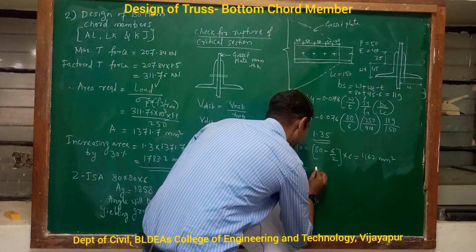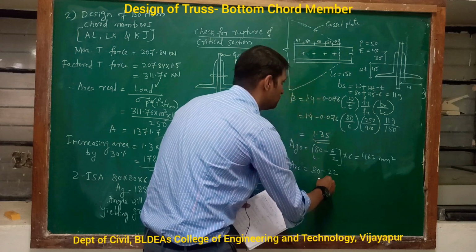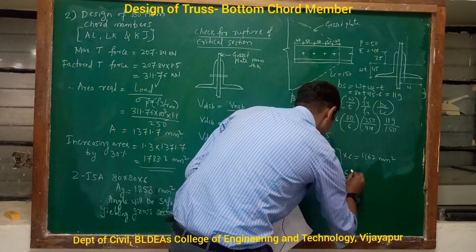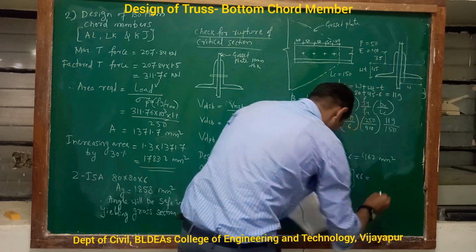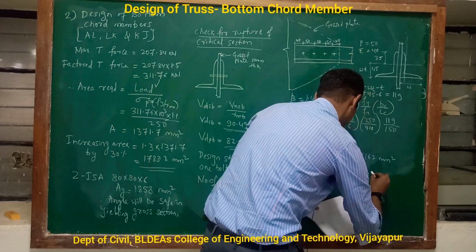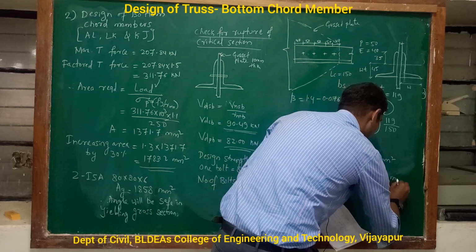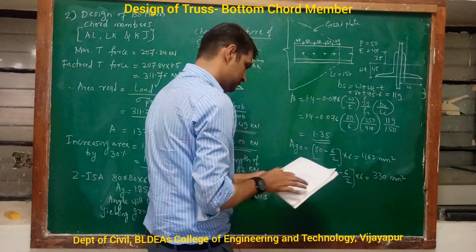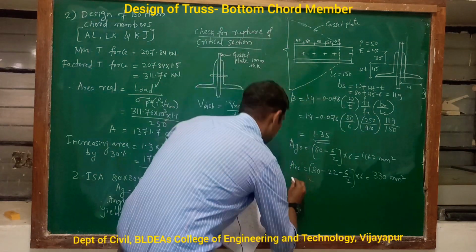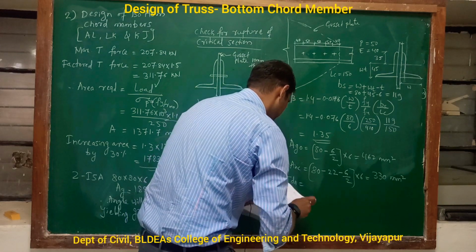The total length is 80 minus hole diameter 22 minus 6 by 2 into 6, which we will be getting as 330 square mm. So now coming to the last formula, that is rupture capacity, the rupture strength of the angle.